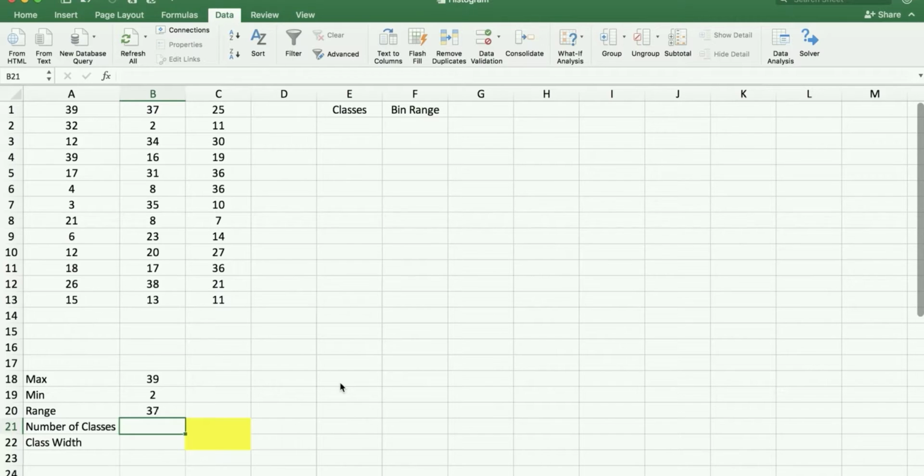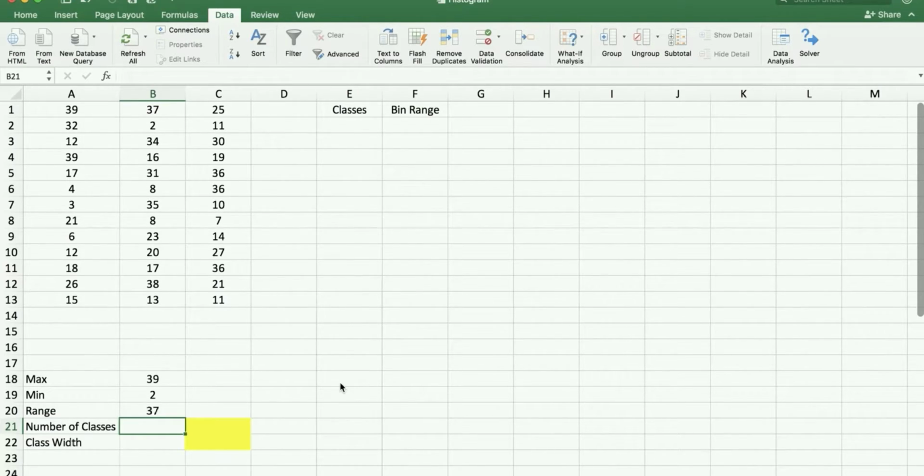Next, I need to identify the number of classes that I will use in my histogram. In general, there are different ways to calculate this number of classes. Sometimes the question can tell you to use a certain number of classes. For example, the question can say, here's your data set, use 5 classes, use 7 classes, and so on.